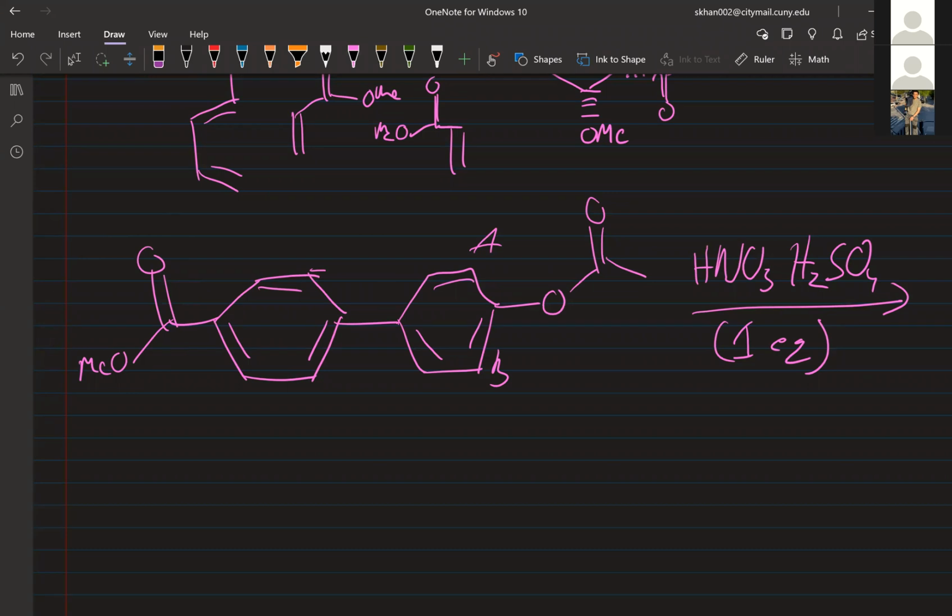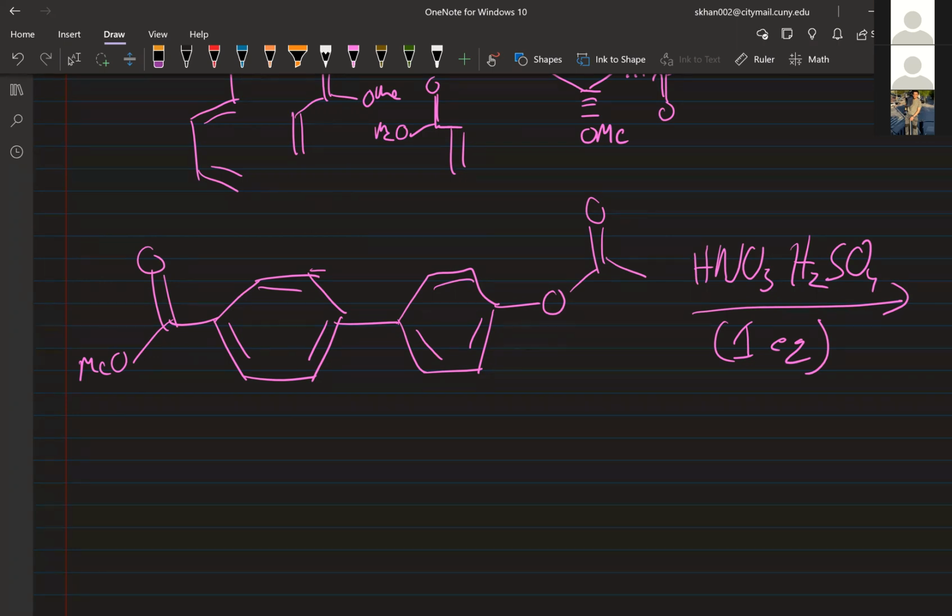You can consider this entire thing also another electron withdrawing group because it's a biphenyl. I guess it would be electron withdrawing because of the pi bonds. Once again, doesn't control directing. Now you look at this here, you have an electron donating group. This is going to be the best directing group compared to the rest of the groups here.